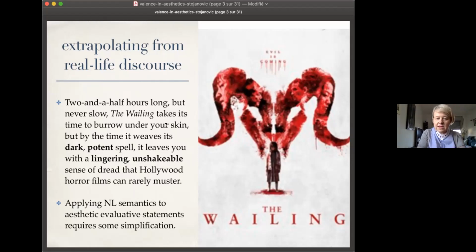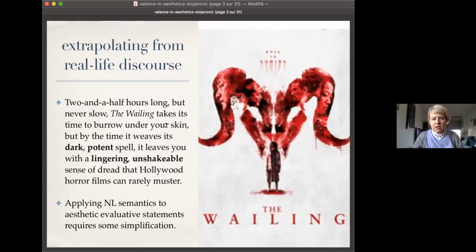So this is again a positive review, but as you can see, the way in which it is formulated takes us to a level of linguistic complexity that is much more complicated, and not the kind of thing that one can easily address by using the existing semantic models.